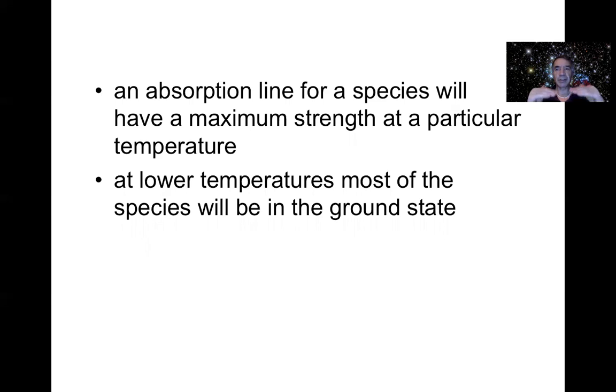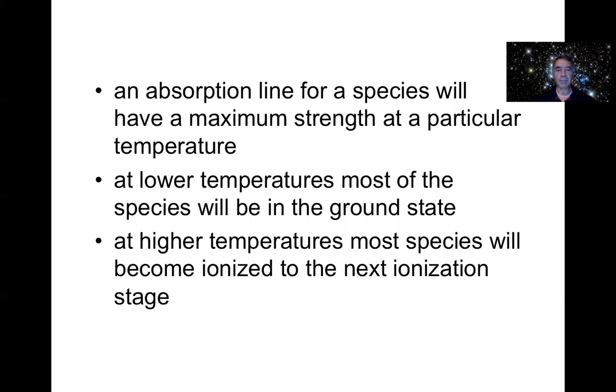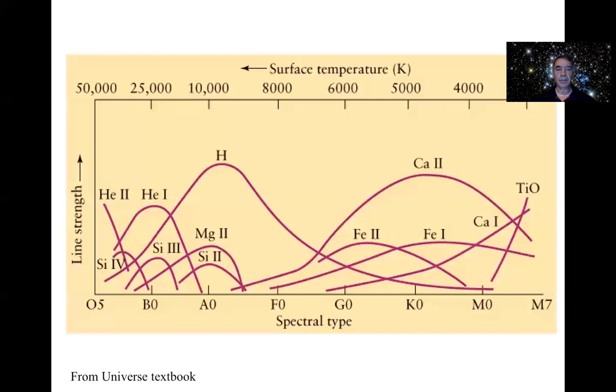They haven't got enough energy to get up to the higher levels. But as you heat them up a lot, then at very high temperatures, that species will just become ionized up to whatever the next ionization stage is for that species. So that means there's a particular temperature that is the sweet spot, if you like, for a particular spectral line.